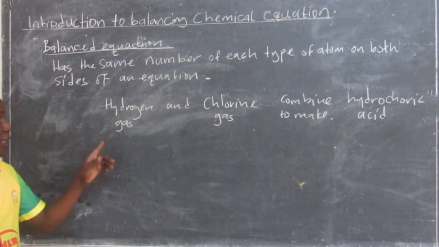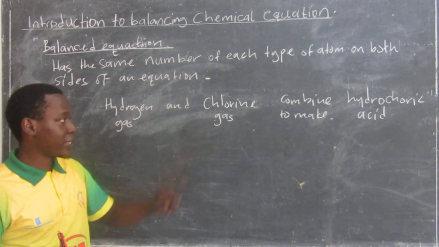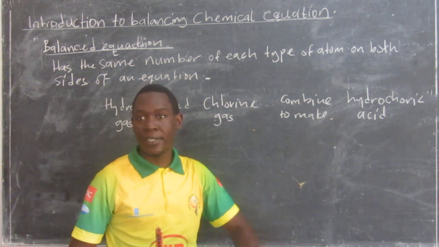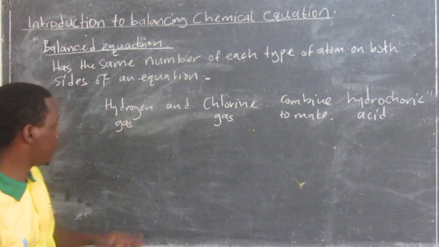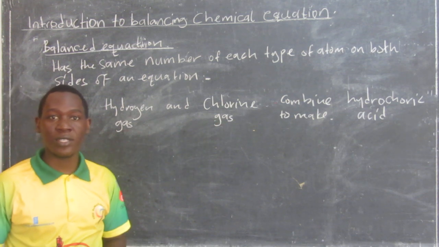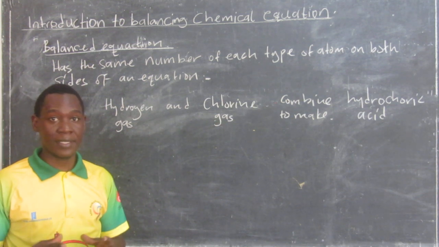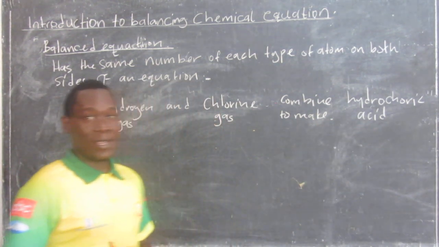You are seeing that my hydrogen gas is combining with chlorine gas to give us hydrochloric acid. Here you need to understand: in this equation, we have hydrogen gas and chlorine gas. These two we call the reactants, whereas hydrochloric acid we call the product.